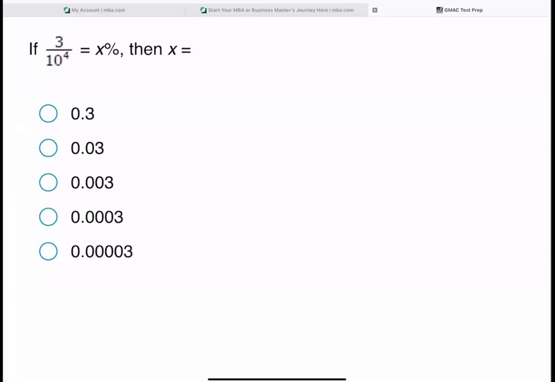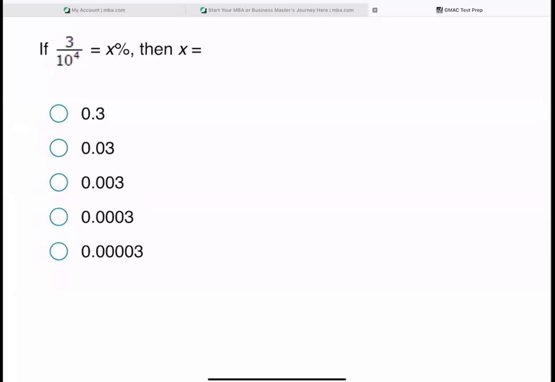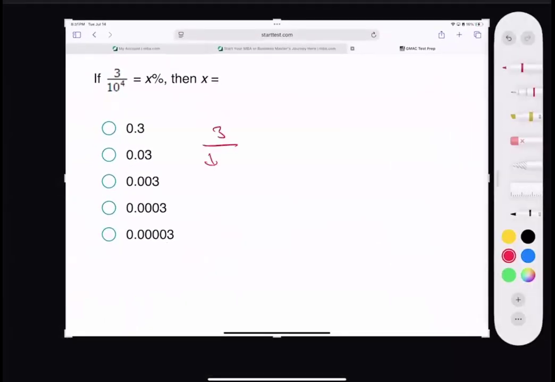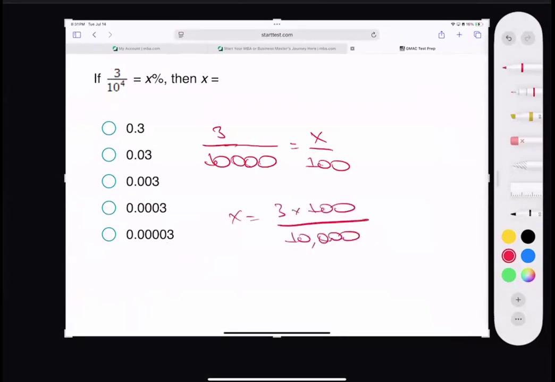Okay. Three over 10, 4 zeros, is equal to x%. Okay. x is 3 times 100 divided by 10,000. 1, 2, 1, 2.